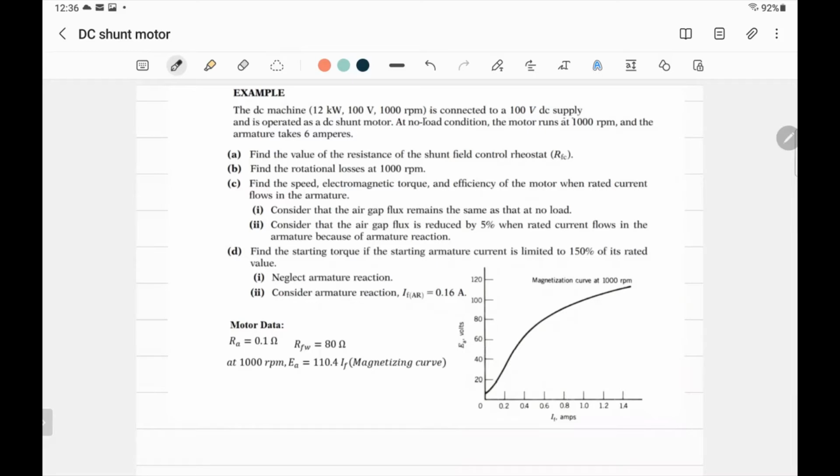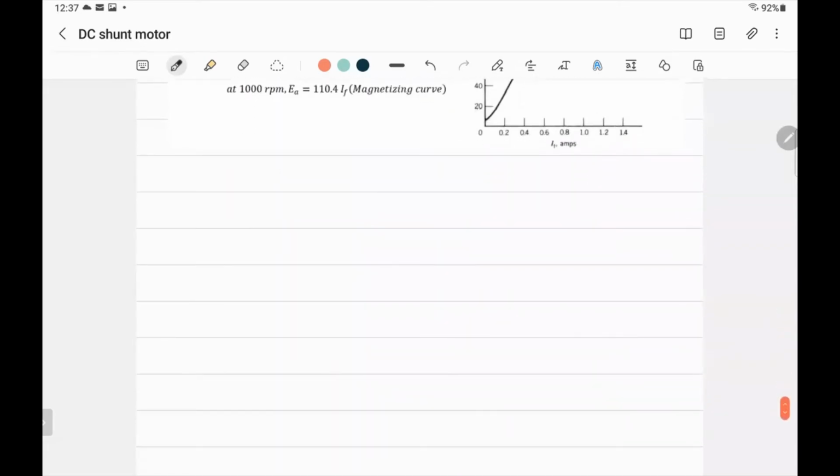It's small, of course. Why am I saying it's small? Because when I look at the rated or nominal values of this machine, I find that the power is 12 kilowatts and the rated voltage is 100 volts. So I can tell you the rated amp, IA rated, is equal to the power divided by the nominal voltage.